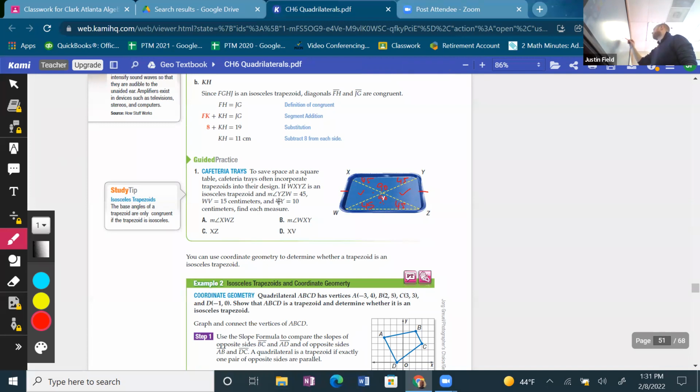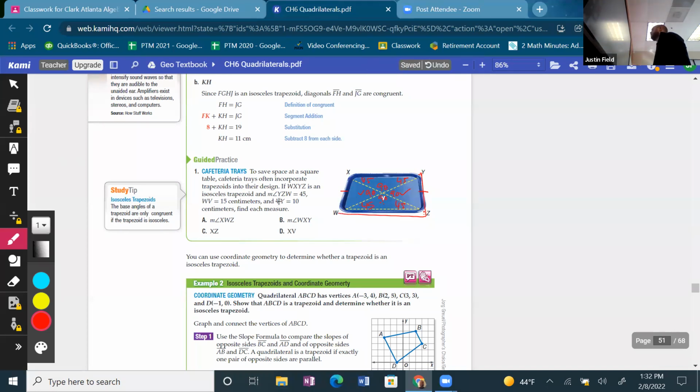Oh my god, this does not look right. The measure of YZW. Is that right? The measure of YZW is 45.